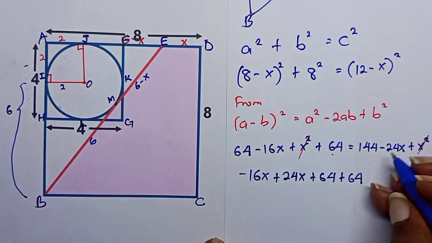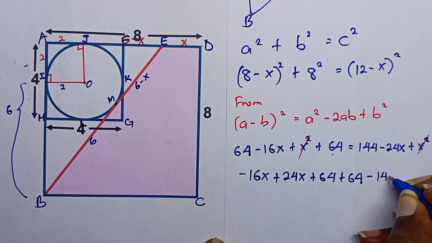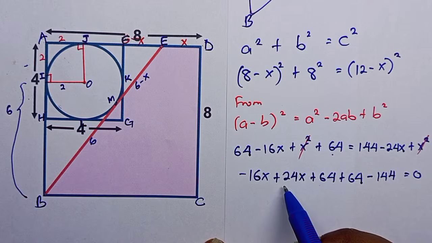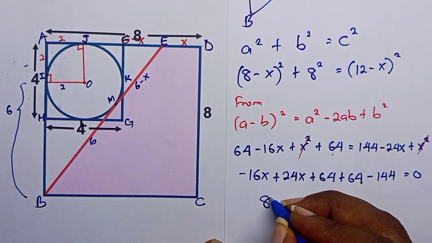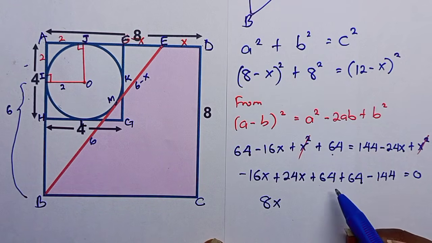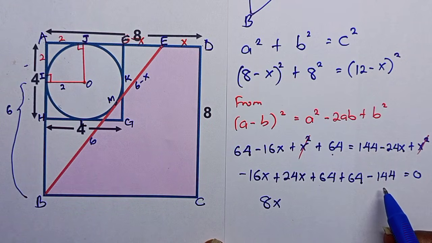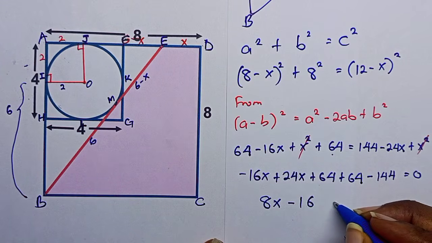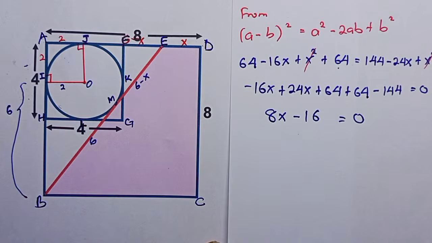Then this 144, when it crosses, it becomes minus 144. This is equal to 0. Okay, so minus 16x plus 24x gives us positive 8x. 64 plus 64 minus 144 leaves us with minus 16. This is equal to 0.